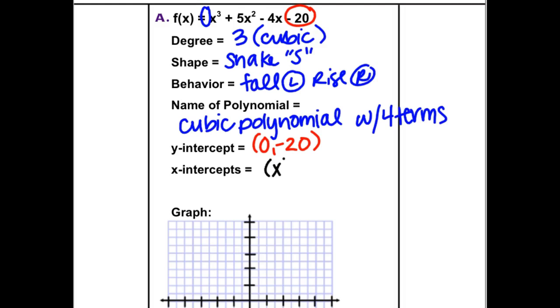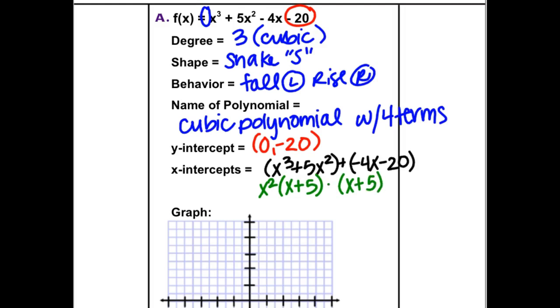So we've got x cubed plus 5x squared in one group, and negative 4x minus 20 in the other group. Out of the first group, I can factor an x squared, and that leaves me with x plus 5. In order to get x plus 5 on the other side, I'm going to have to factor out a negative 4. That means I have x squared minus 4 times x plus 5.